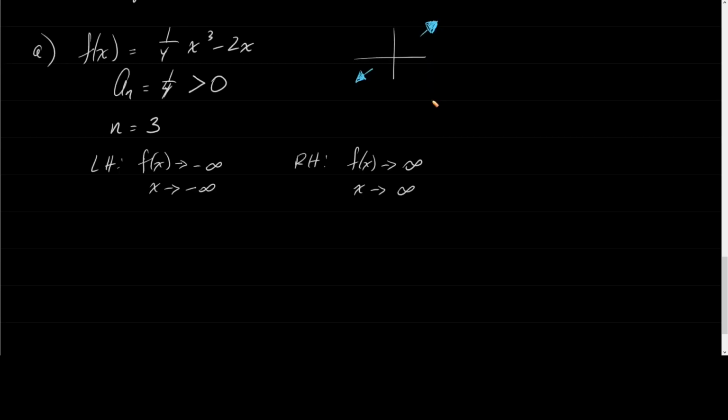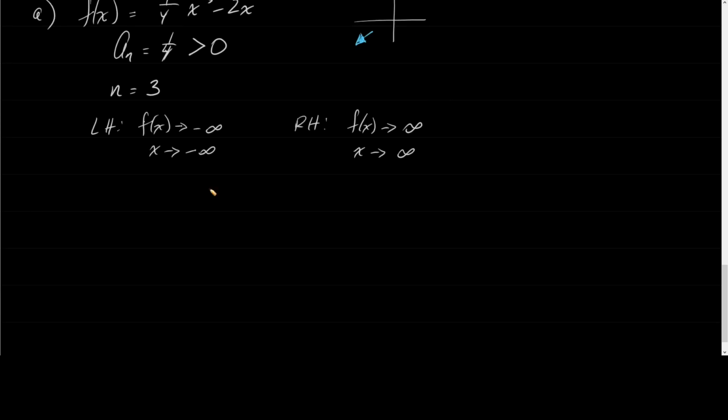All right, next one. So b. Let's say f of x were equal to 5x cubed minus 3.6x to the fifth, and then minus 1.